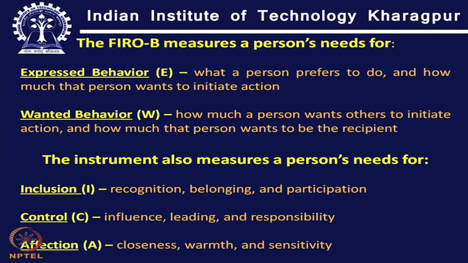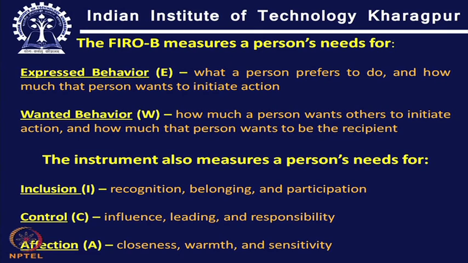It measures a person's need for expressed behavior, that is what a person prefers to do and how much that person wants to initiate action, and wanted behavior, how much a person wants others to initiate action and how much a person wants to be the recipient. So, it measures a person's needs for inclusion, that is recognition, belonging and participation, control, that is influence, leading and responsibility, and affection, closeness, warmth and sensitivity.